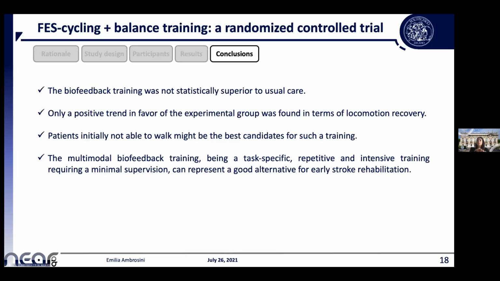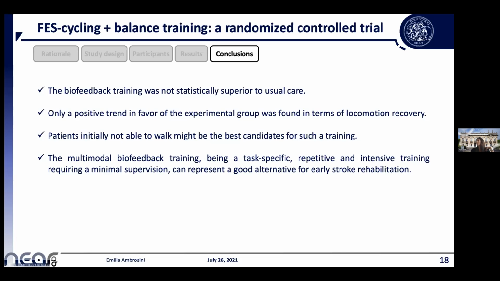So if people were able to practice gait training with some aids and the help of a physiotherapist, they probably do not achieve an additional improvement with respect to performing FES cycling training. But if people were not able to be involved in this type of specific gait training because they were probably more impaired, then in this case we could see a higher improvement for the intervention groups.